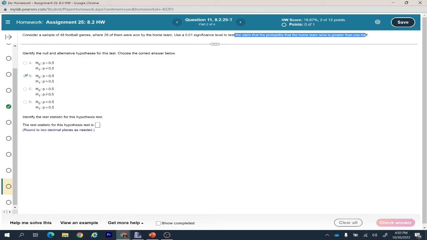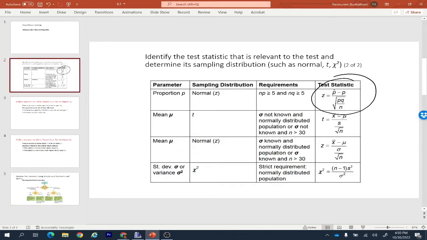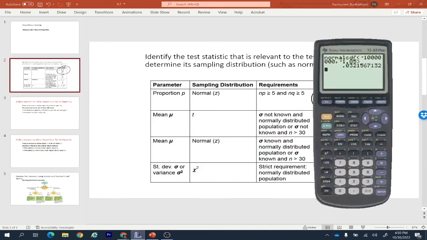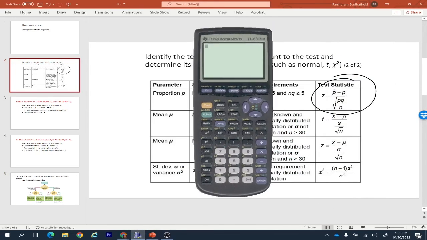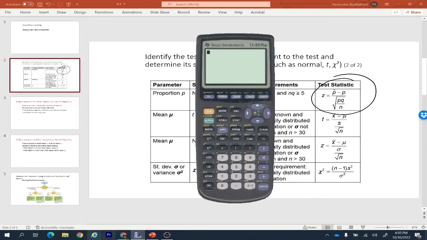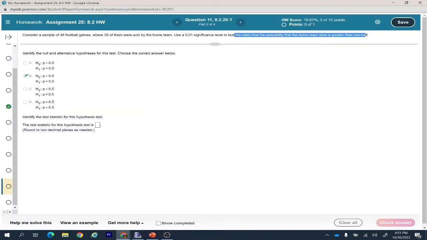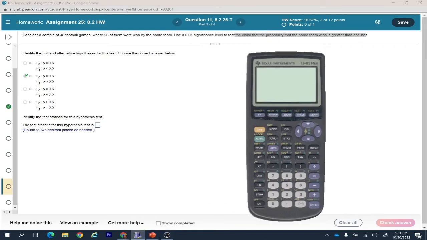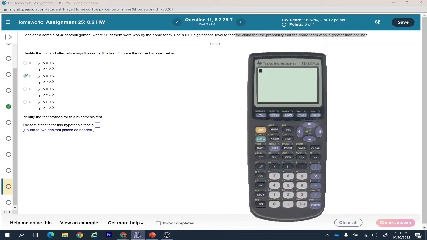Now, identify the test statistic for this hypothesis test. As you can see here, the test statistic you can always find by using this formula, as I mentioned here: sample proportion minus population proportion, and divide by this number. So let's go here to this problem. What is the sample proportion? Consider a sample of 48 games where 26 of them were won.